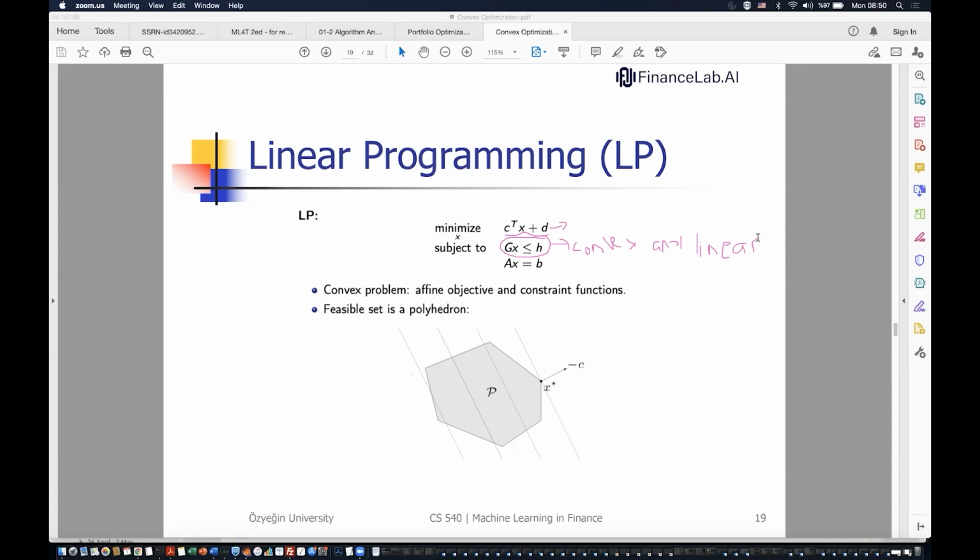In this case, as we have discussed earlier, the feasible set, a polyhedron, is the result of the intersection of different hyperplanes. Each constraint here, such as the inequality constraints, defines a hyperplane. The intersection of these hyperplanes, as well as the equality constraints, defines a polyhedron. And in this case, the solution is guaranteed to exist on the boundary of this polyhedron.